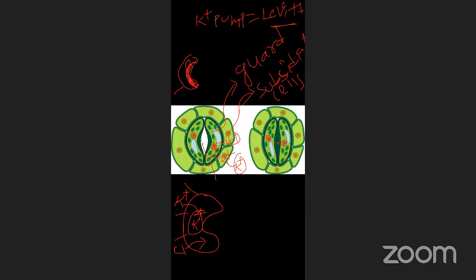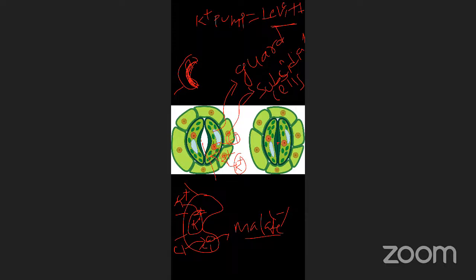What happens if the Cl minus increases inside the guard cell? The Cl minus ion gradually increases. Already inside the guard cell, apart from Cl minus, malate anion is also present. This is also negative. Malate negativity, chloride negativity, right?